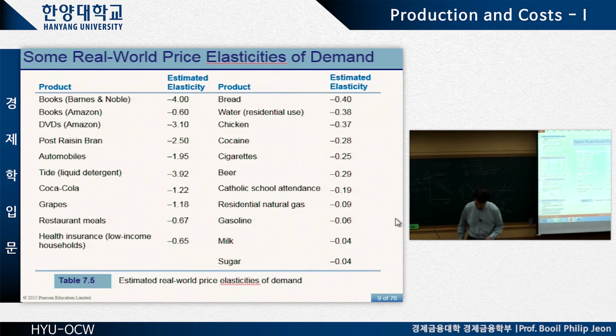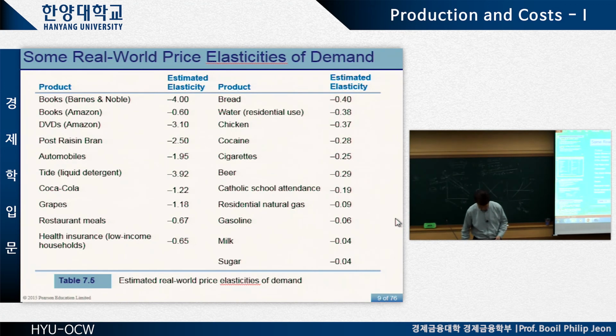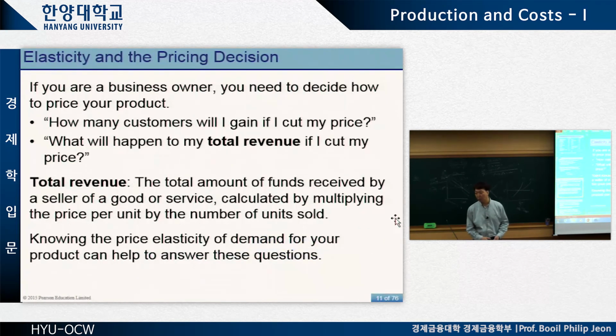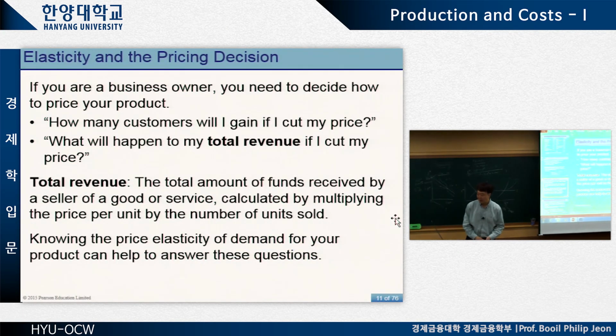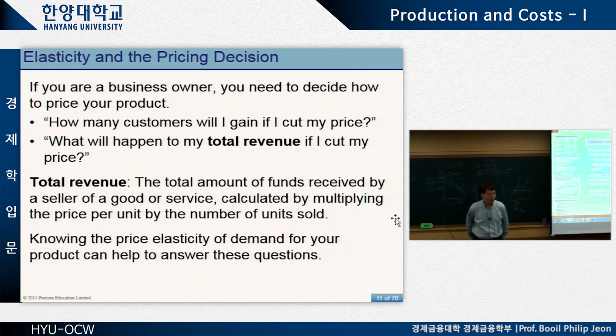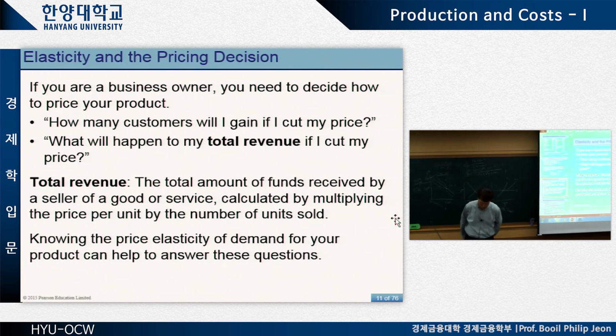Anyway, so gasoline, milk, sugar, of course they are necessities, and small ticket items. So both factors make milk and sugar inelastic.